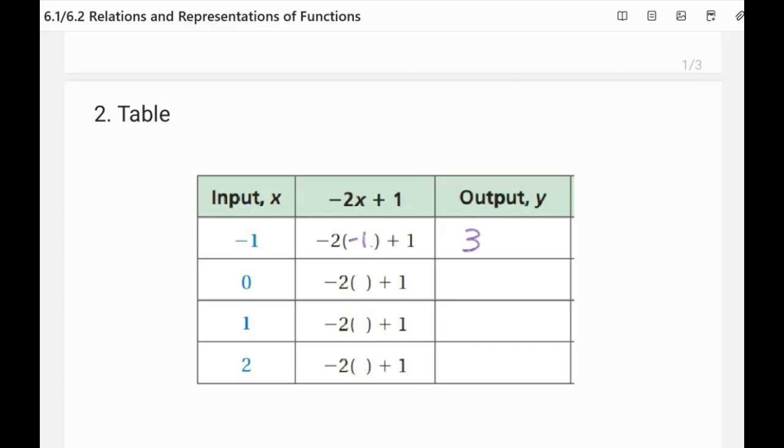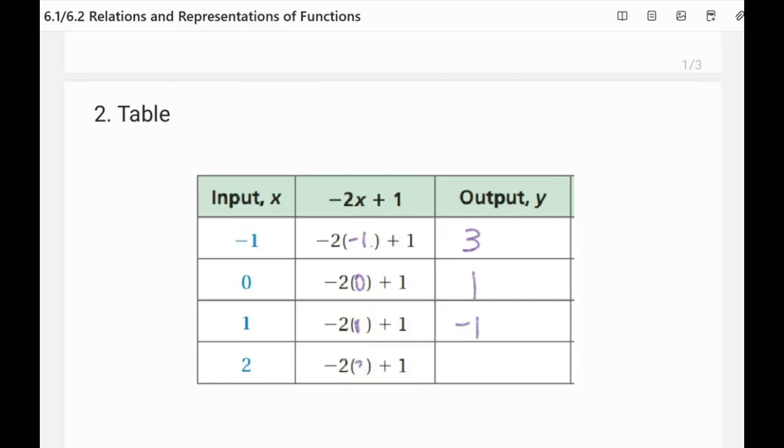If I substitute 0 into the x right here, -2 times 0 is 0, plus 1 will give us 1. When I substitute in 1, -2 times 1 is -2, and -2 plus 1 is -1.